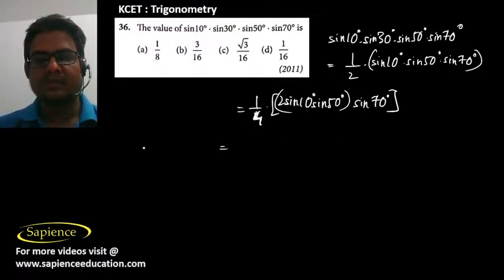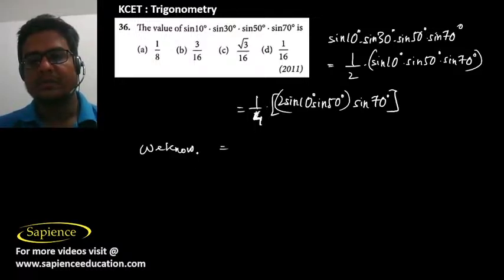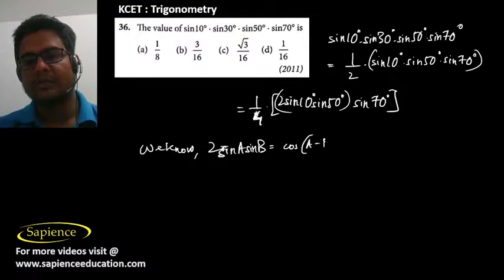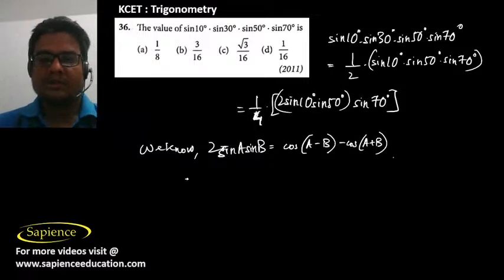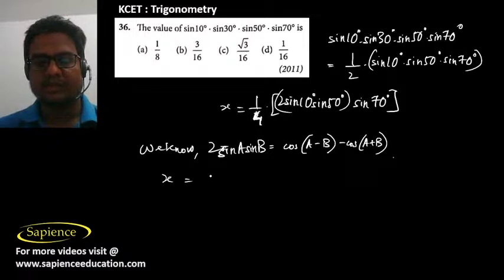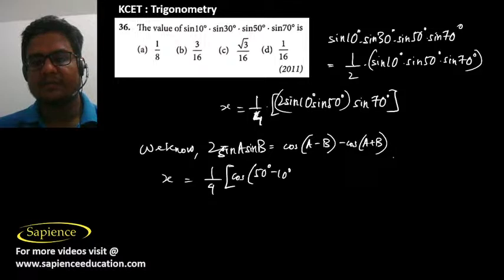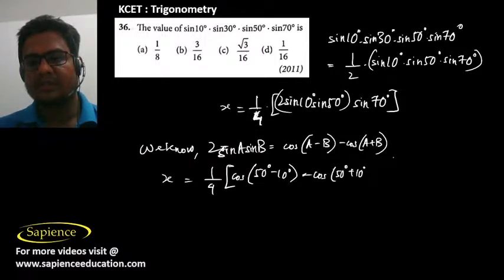and we know that 2 sine A sine B is equal to cos of A minus B minus cos of A plus B. So now this expression, let's say it is x, so the expression x is equal to 1 by 4 into cos of 50 minus 10 minus cos of 50 plus 10 into sine 70 degree.